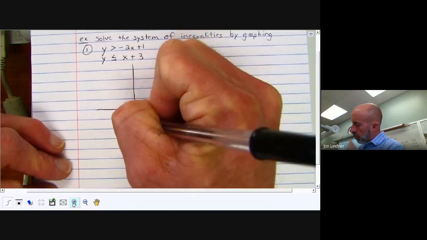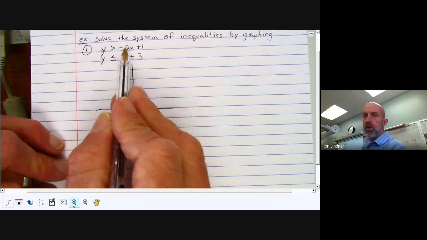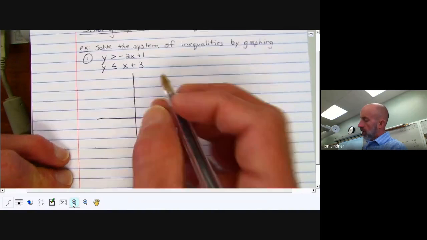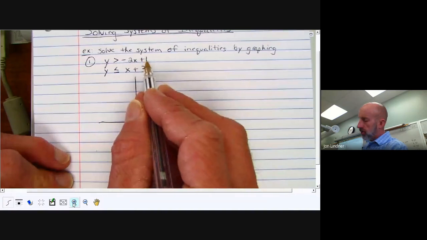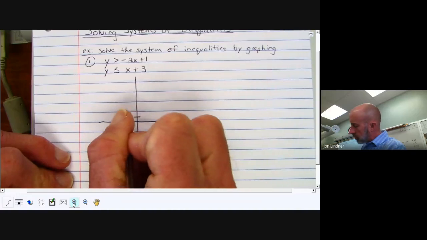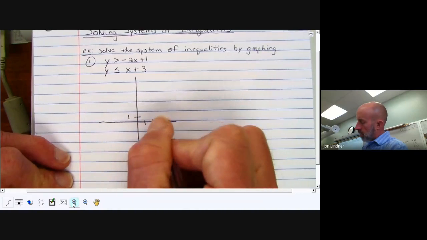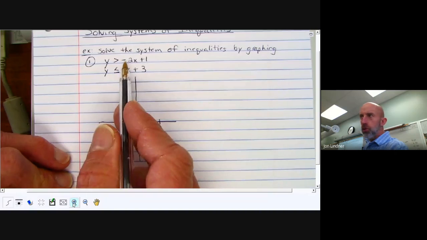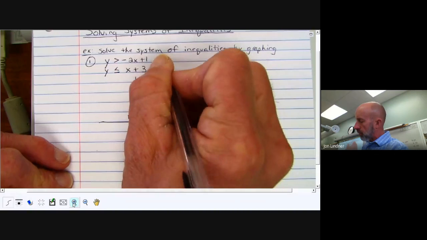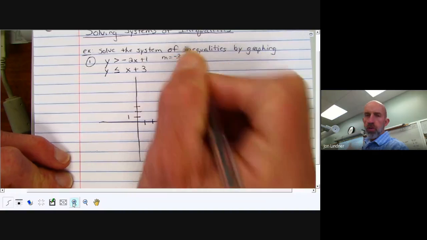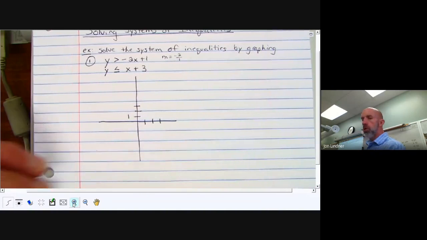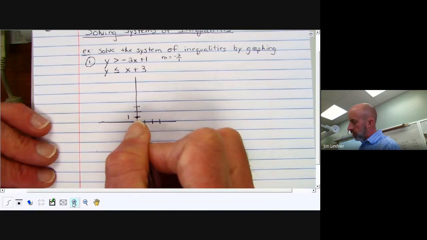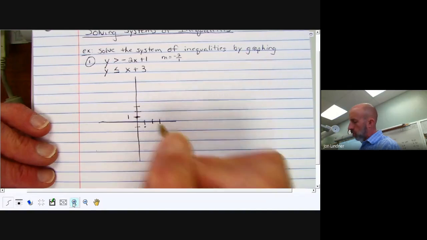Both of these are already in slope-intercept form. So we can go ahead and graph them. All right. So the top one has a y-intercept of 1. And it has a slope of negative 2, which remember is like negative 2 over 1. So from this y-intercept, we're going to go down 2 over 1.